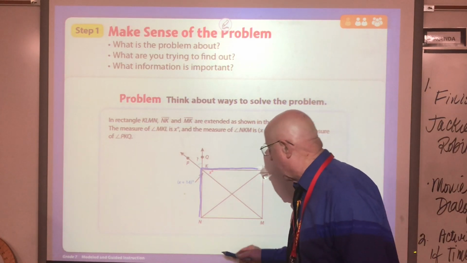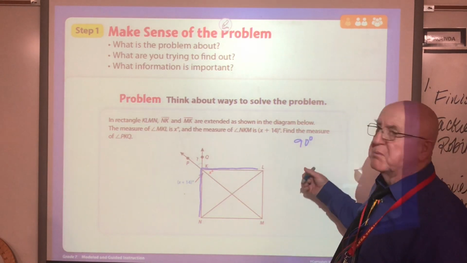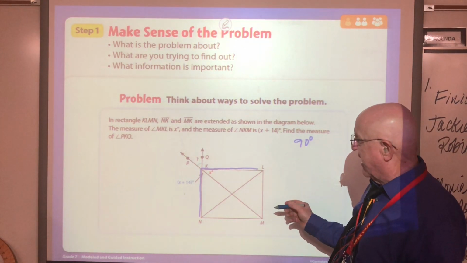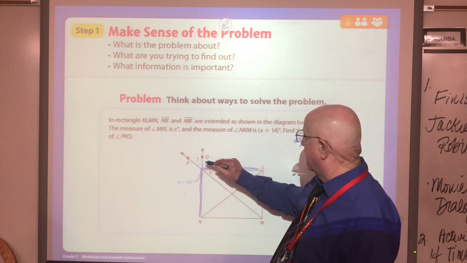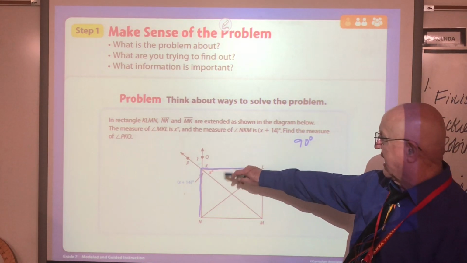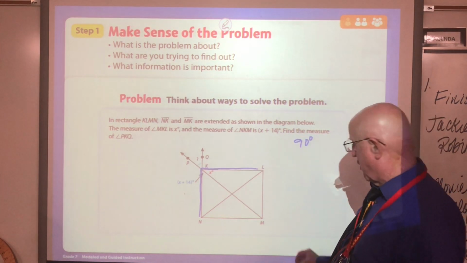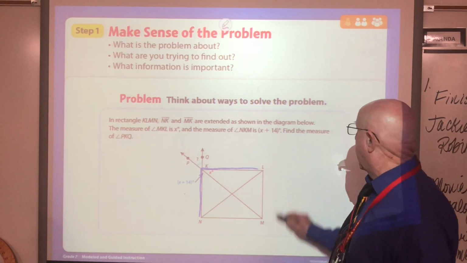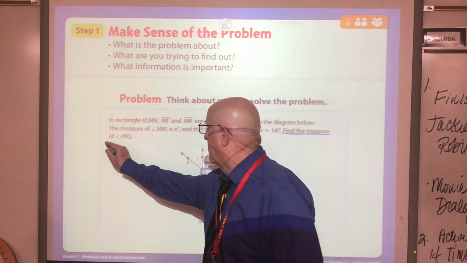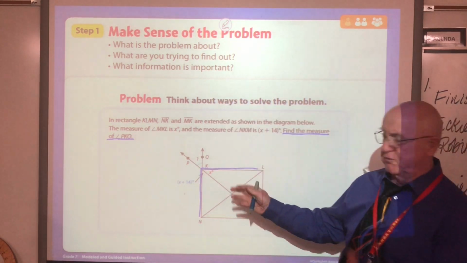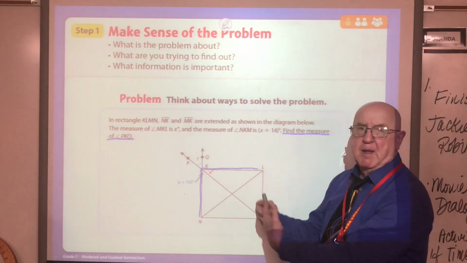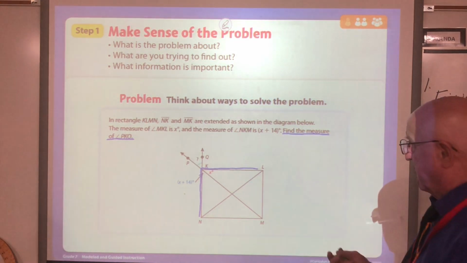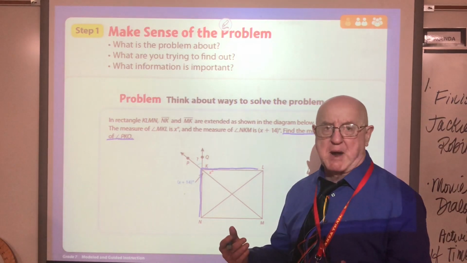And the other two angles that we talked about make up that angle. So the way we're going to find the value of X and the measure of PKQ, which is what our question says we need to do, we're going to add those two angles together, forming a right angle.